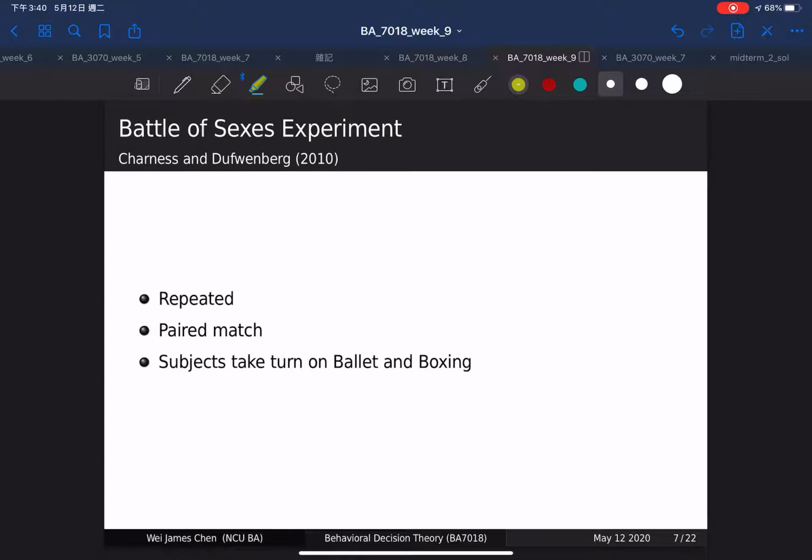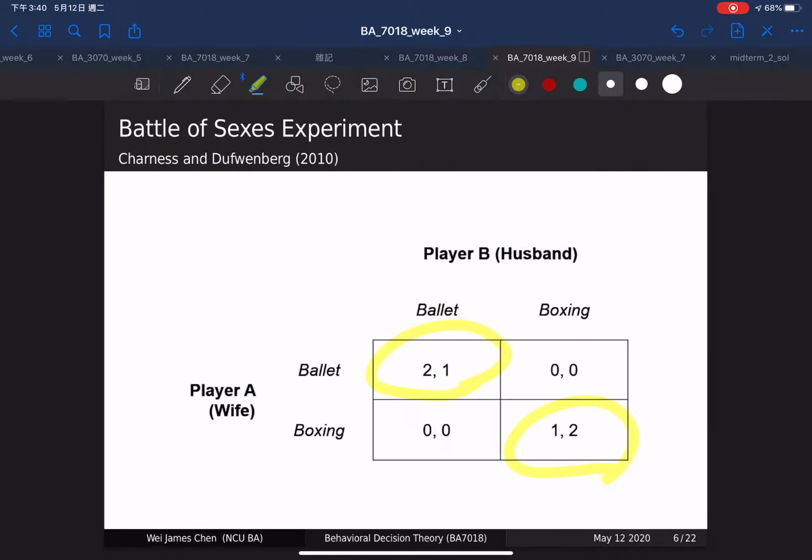What happened is, I don't want to stick to, for example, this equilibrium. If I am player B, I always get 1, which is less than 2. But the wife, or player A, doesn't want to stick to the other equilibrium either.